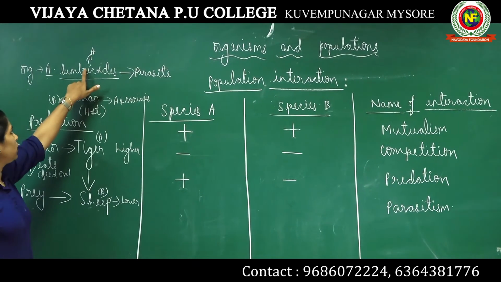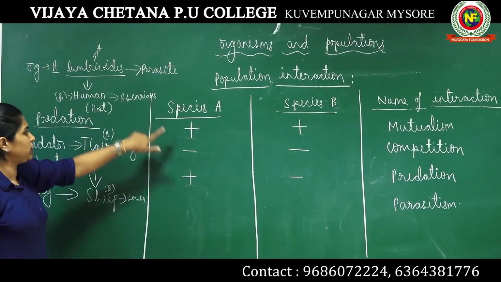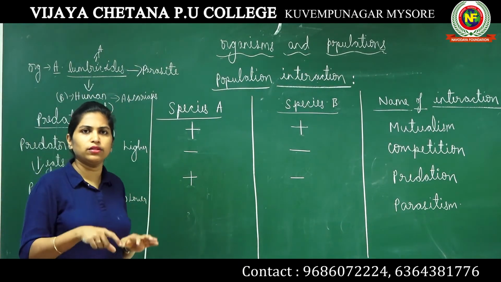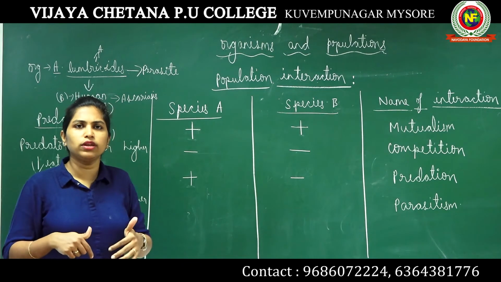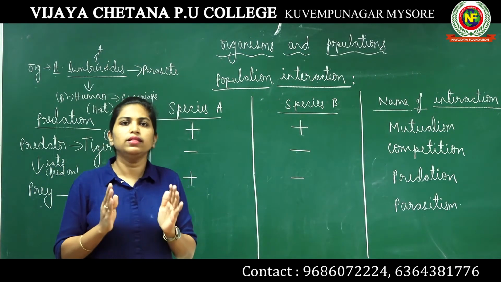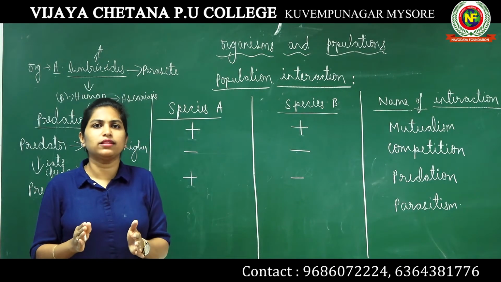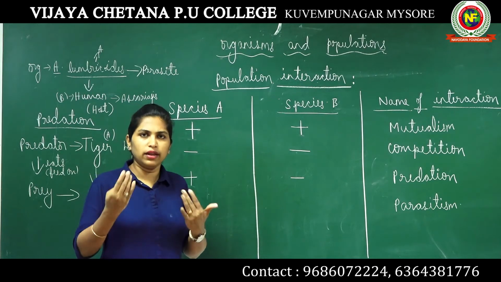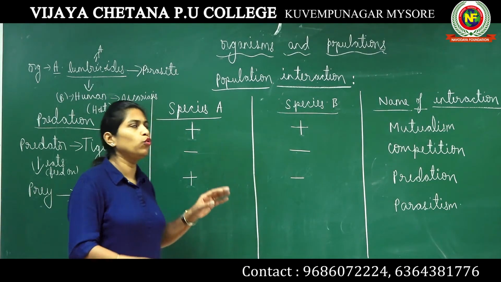Species A is benefited because they enter the human body, they take nutrition from the human body, and they find shelter in the human body. They live inside it, so who is benefited?